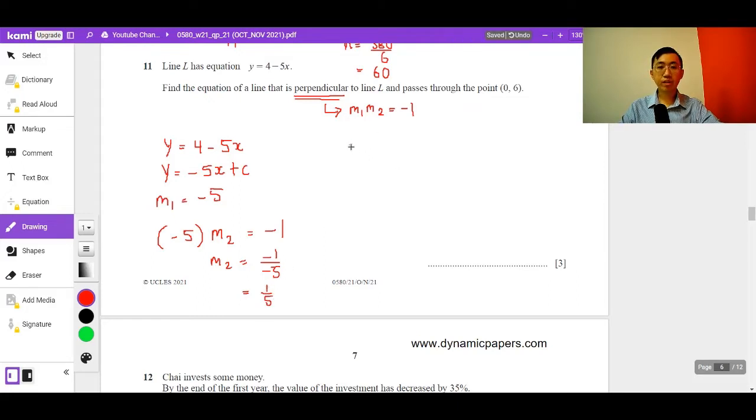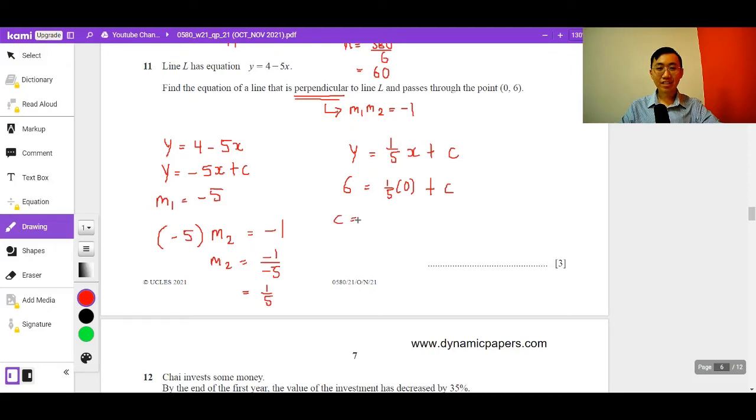Alright, next step is to write y equals mx plus c. So replace m over here, plus c. Now use the point given to you, substitute into your y and x respectively, so that we can find c, your y-intercept. So 6 goes over here, 1/5 multiplied by 0.